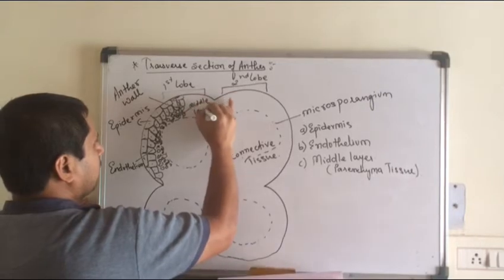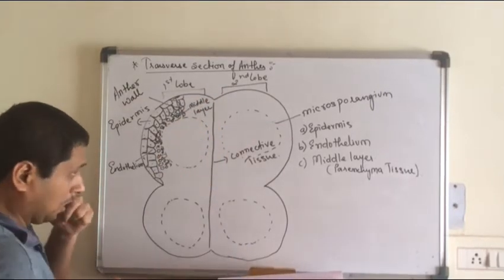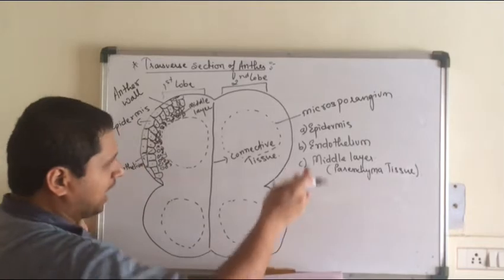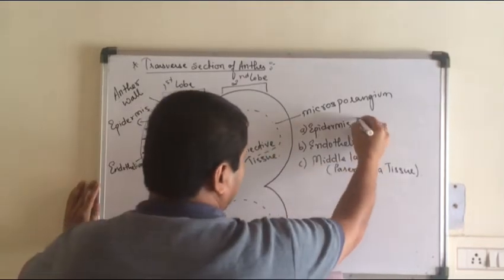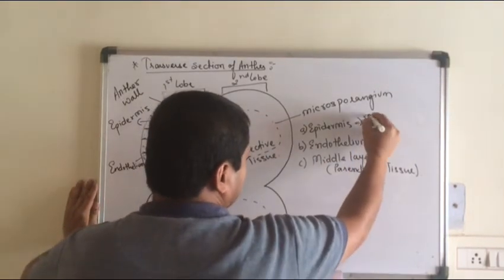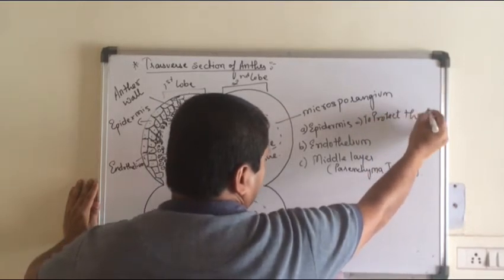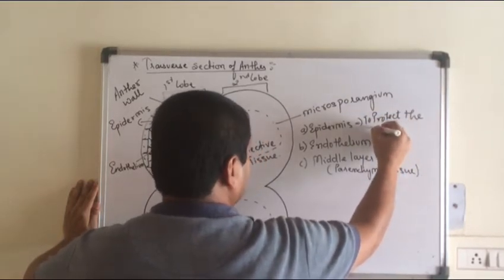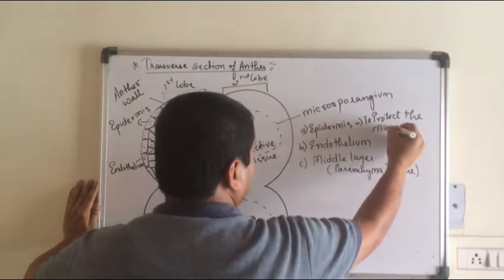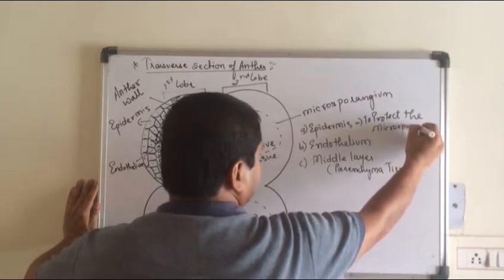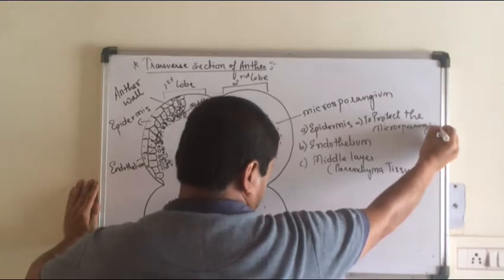Now, all these 3 layers have their own functions. The epidermis has the function to protect the microsporangium.